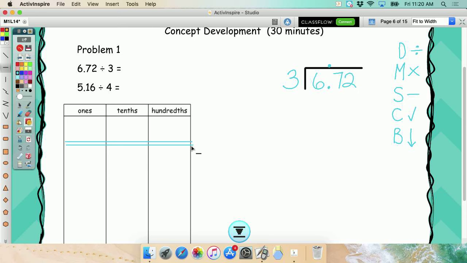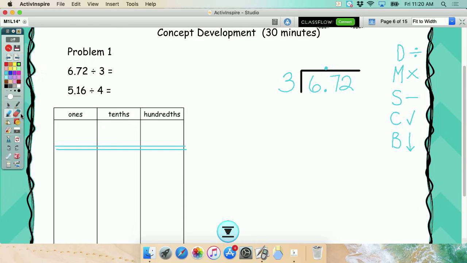You'll get the hang of this. Okay, then you're going to use your highlighter. And we're going to put 6.72 on this place value chart. We're going to use the 10 frame model. So it's going to look like this.